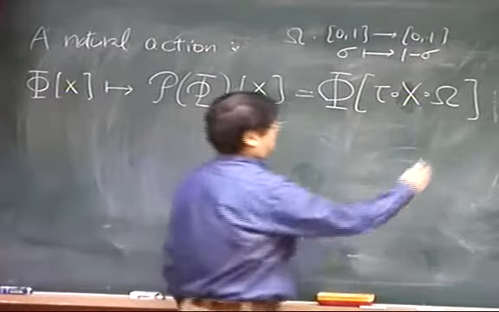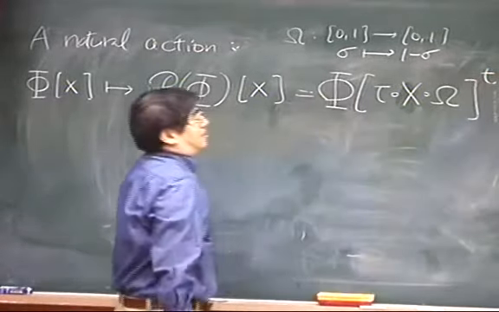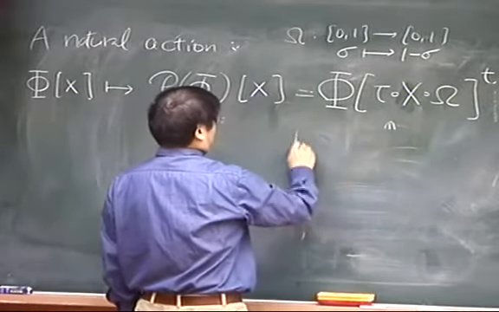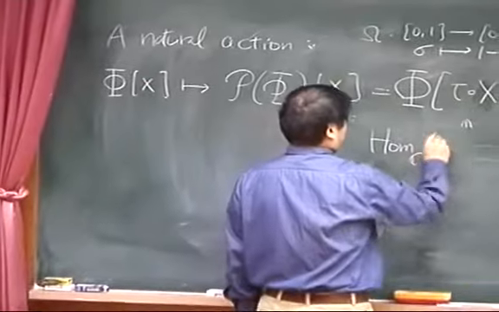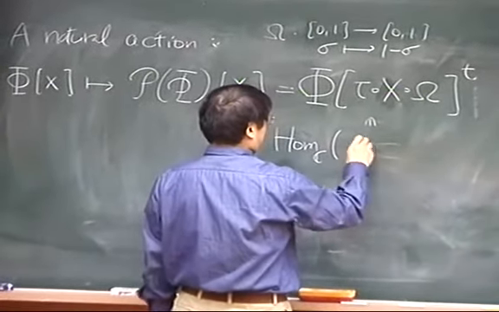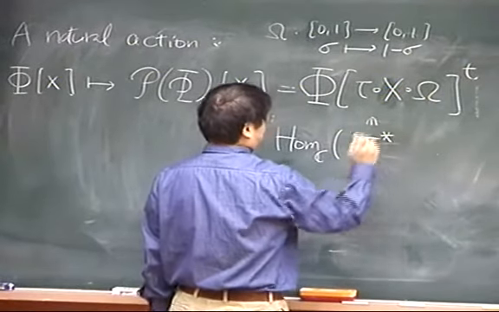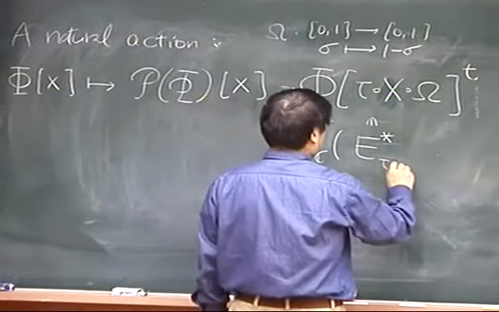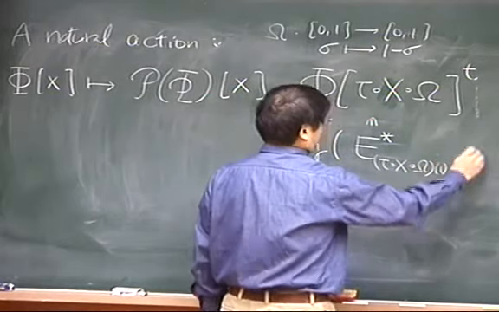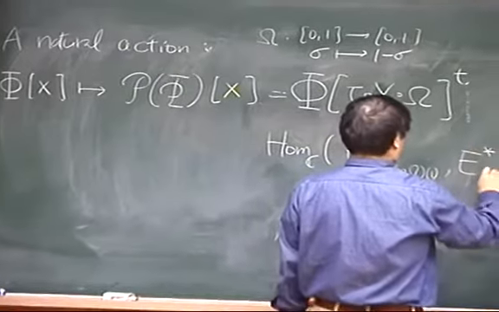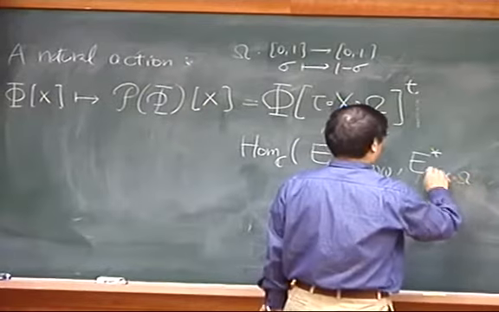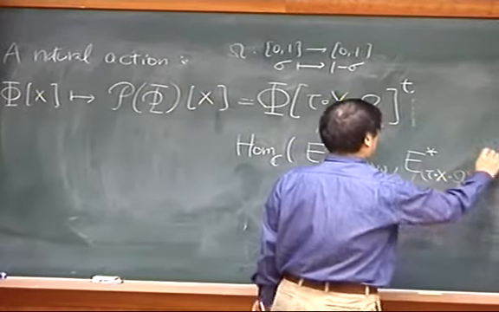And then transpose. And that would lie in home, because with the transpose you have a swap of the entry and the dual, tau x omega 1 and tau x omega 0.